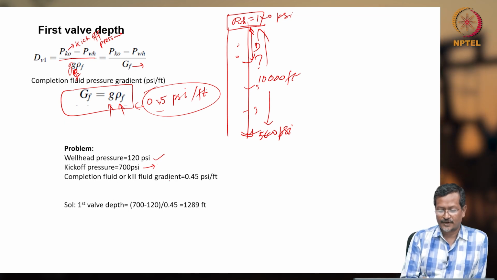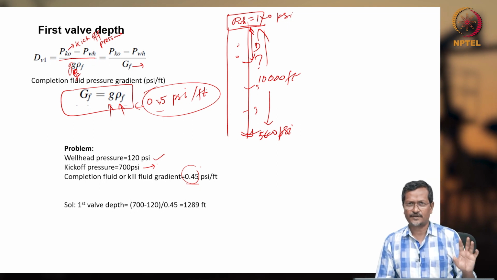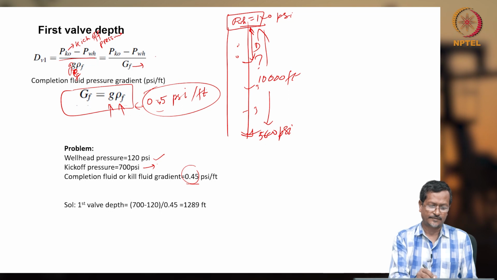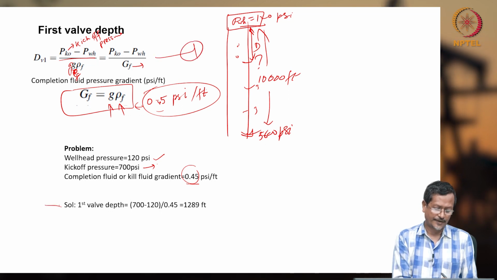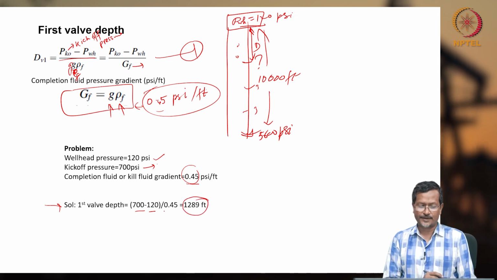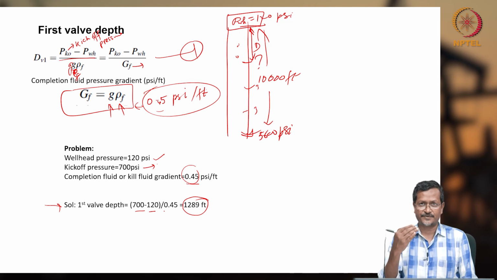The completion fluid or kill fluid gradient they have assumed is 0.45, sometimes 0.5. From this formula, 700 minus 120 divided by 0.45, you get 1289. So if you use this formula you can get the first valve depth.